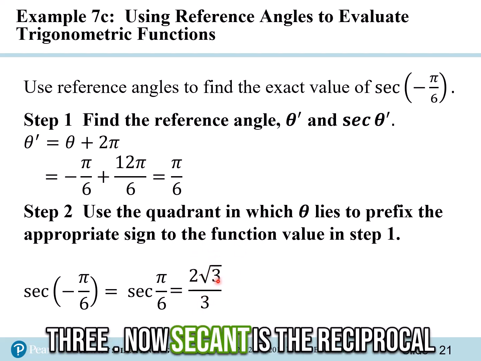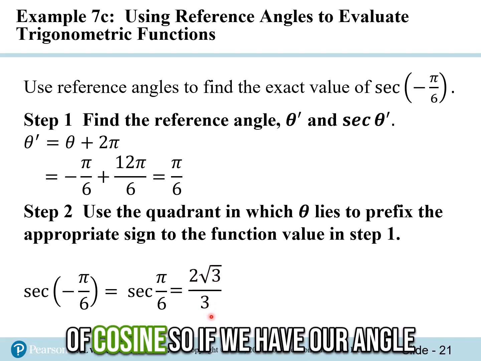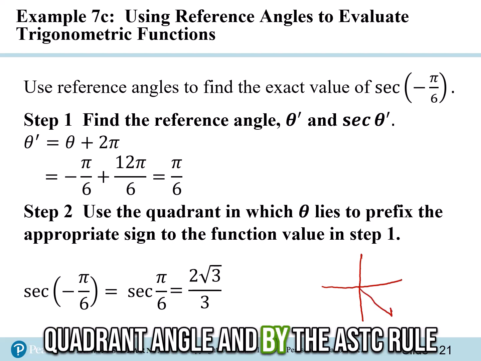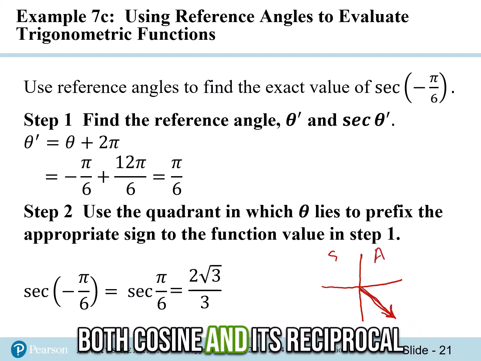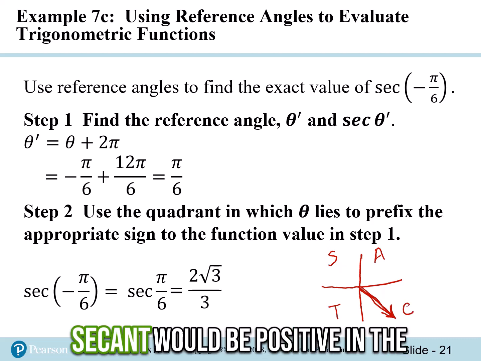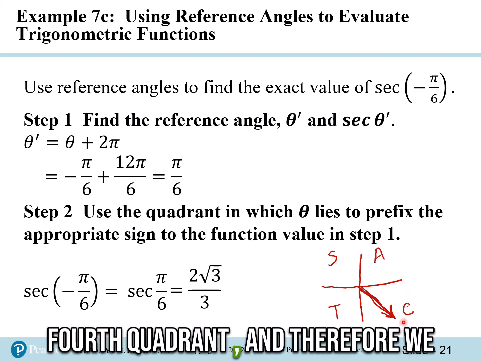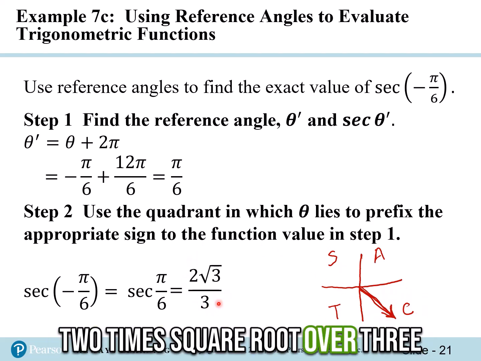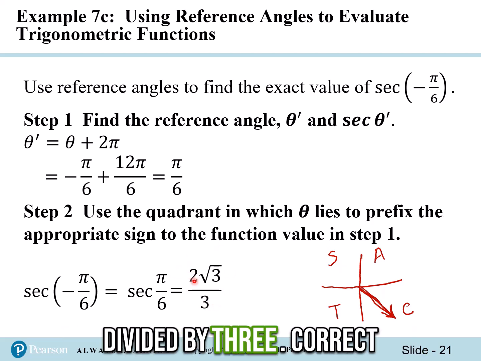Now secant is the reciprocal of cosine. So if we have our angle, negative pi over 6 is a fourth quadrant angle, and by the ASTC rule, both cosine and its reciprocal secant would be positive in the fourth quadrant, and therefore we leave the ratio with a positive sign 2 times square root over 3 divided by 3. Correct?